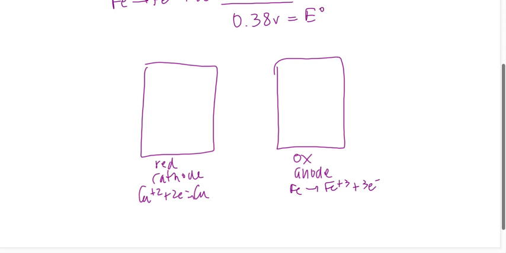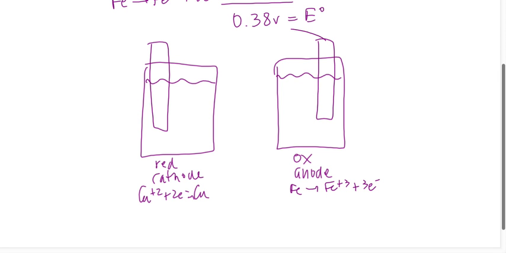Having those equations there is good because it'll give you the ability to answer questions about what's going on in the half cell. So here, the wire. What metal is this? Copper, and it's in 1 molar copper plus 2.